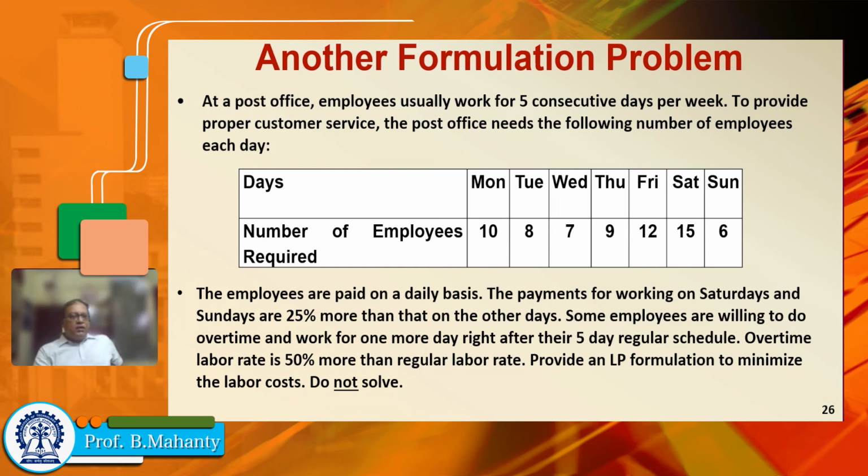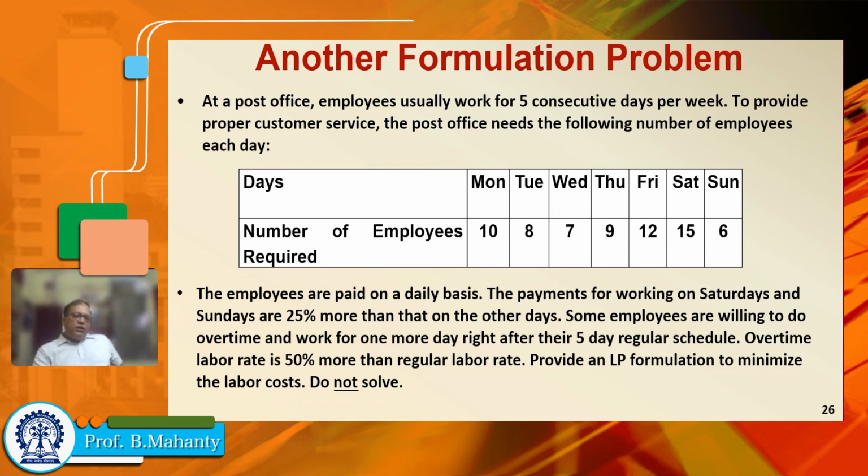People who join on Tuesday will be working Tuesday, Wednesday, Thursday, Friday and Saturday. But some of them would work up to Sunday. On Sunday, they will be getting the overtime rate, that is 1.25 into 1.5. And both of them are working on Saturday, so they are getting the 1.25 rate.